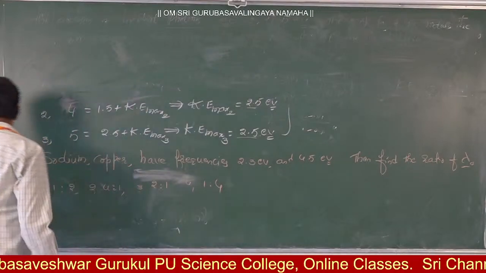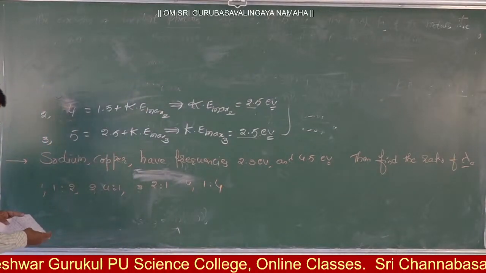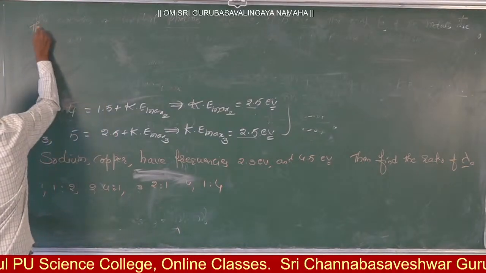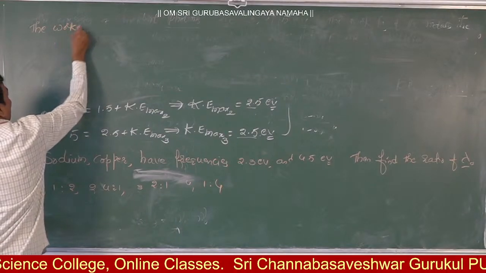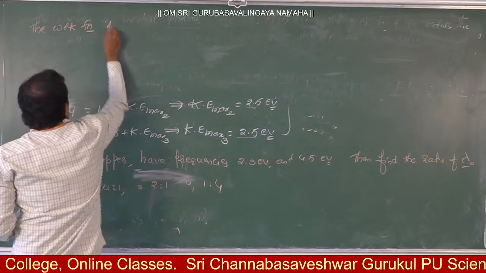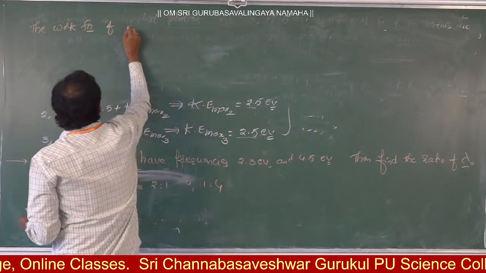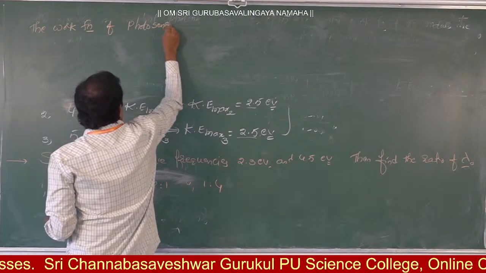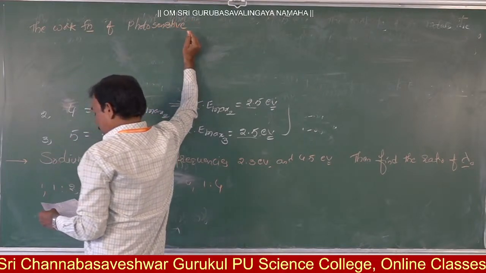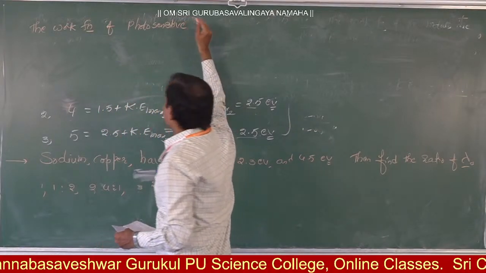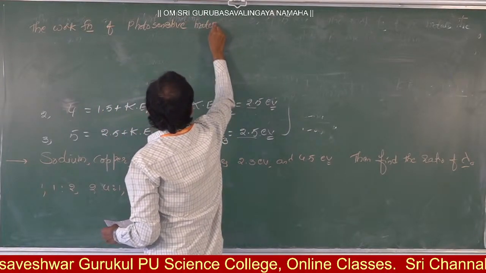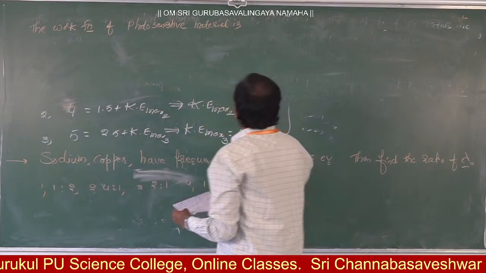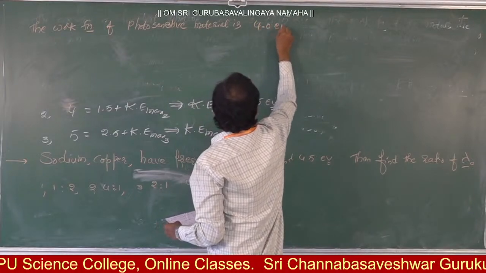Again, next sum. The work function of a photosensitive material is 4.0 electron volt.